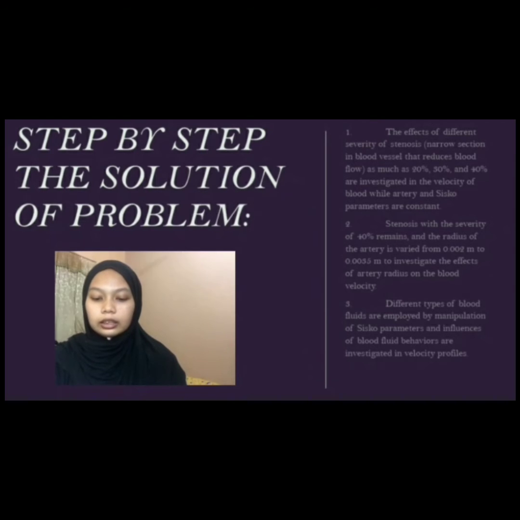Second, stenosis with a severity of 40% remains, and the radius of the artery is varied from 2 millimeters until 5.5 millimeters to investigate the effects of artery radius on blood velocity. Last step is that different types of blood fluids are employed by manipulation of Casson parameters, and the influences of blood fluid behaviors are investigated in the velocity profile.